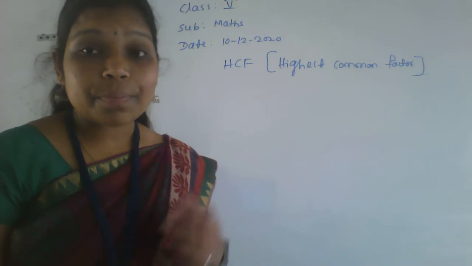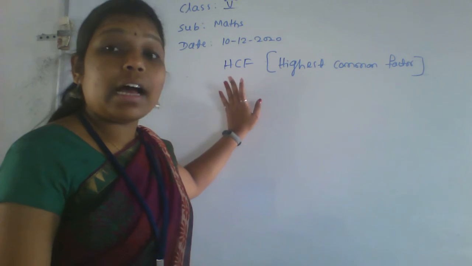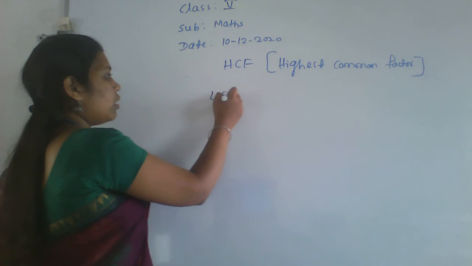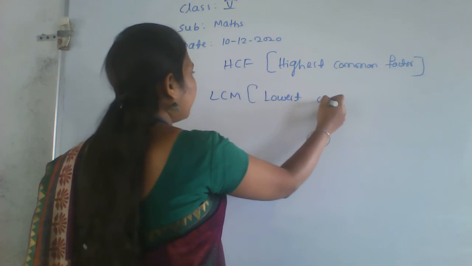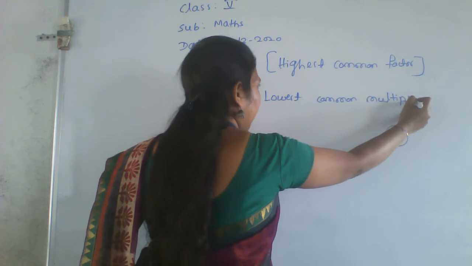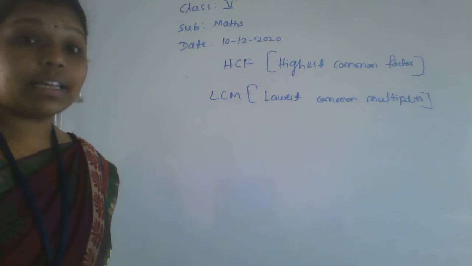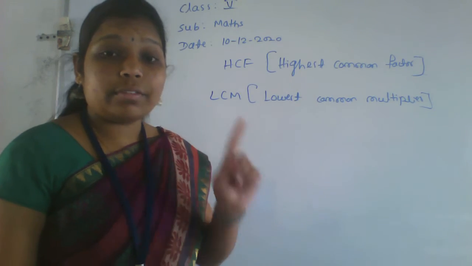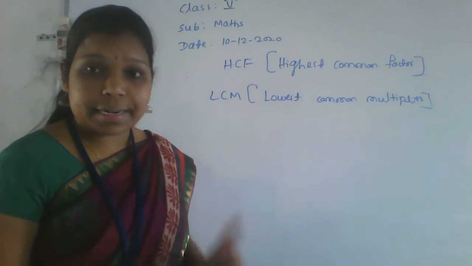HCF is nothing but the highest common factor. And LCM, that is the lowest common multiple. Okay, that is the meaning of these two. HCF means highest common factor and LCM means lowest common multiple.